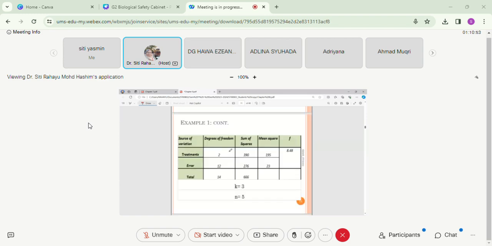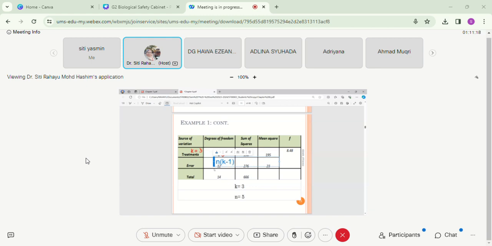Since we have the number of treatment, the K is 3, so the degree of freedom will be 2 because 3 minus 1 is 2. And then for the error, the formula is K times N minus 1.